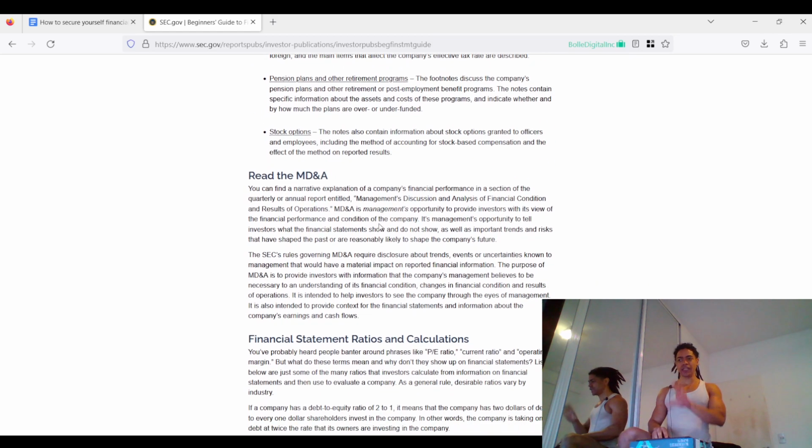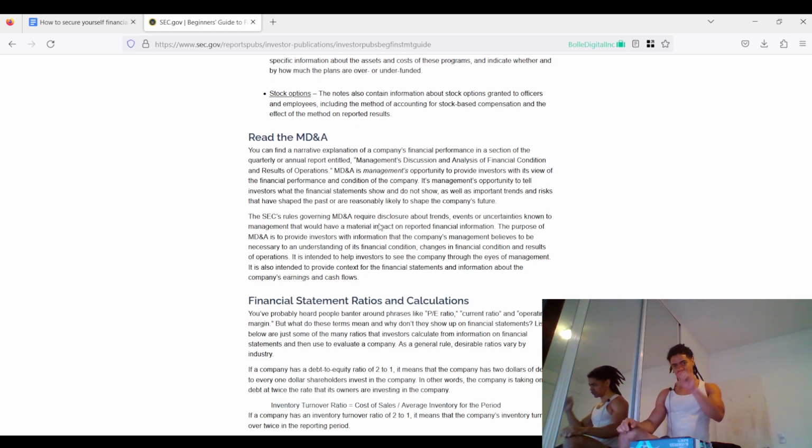Okay, so then I look at the written MD&A, which is the management discussion and analysis of financial conditions and results of operation, where, according to the SEC, is an opportunity for the management of that company to provide insights to investors about important trends that have shaped the company's past and are reasonably likely to shape the company's future.